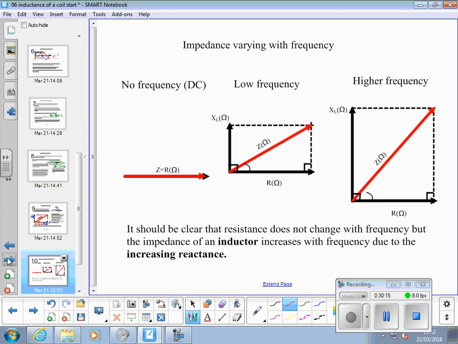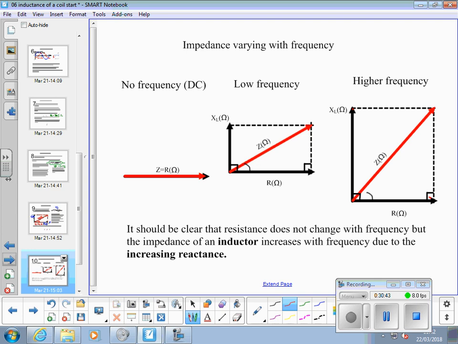If we increase frequency, let's say double it, resistance stays the same, but the XL line gets longer. Therefore, the length of the Z line is longer, and the angle has steepened by increasing frequency. Consequently, reduced frequency, less angle, shorter Z line.